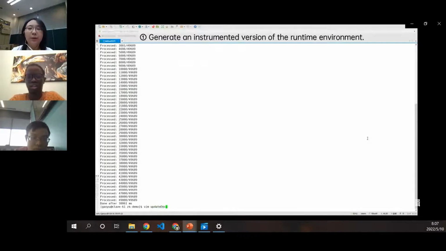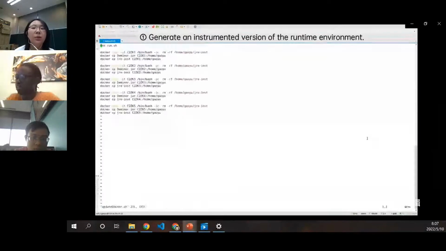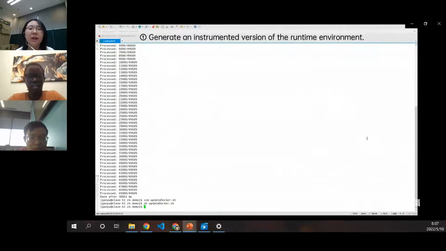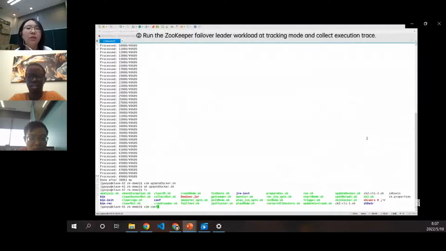We should configure every node in the Zookeeper cluster to use the instrumented JRE and include the dminer as the Java agent with a JVM argument.